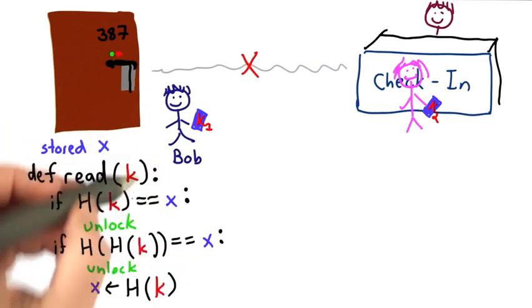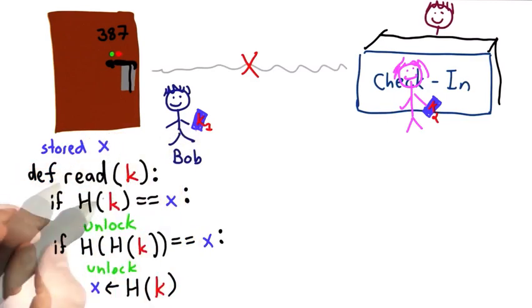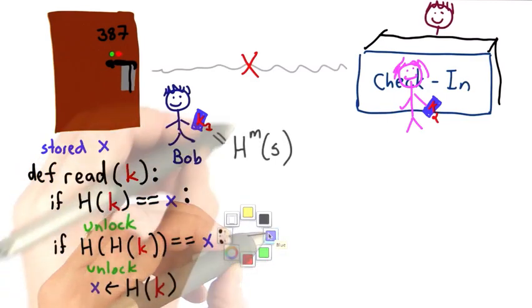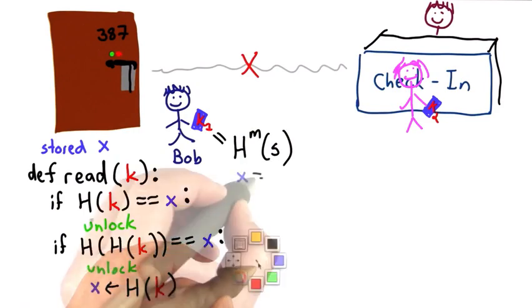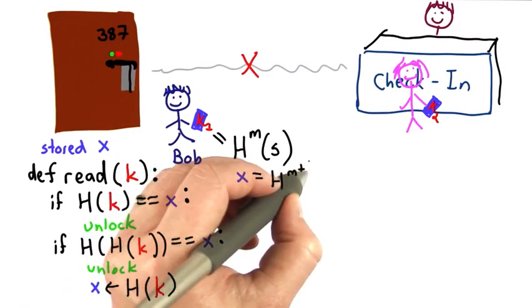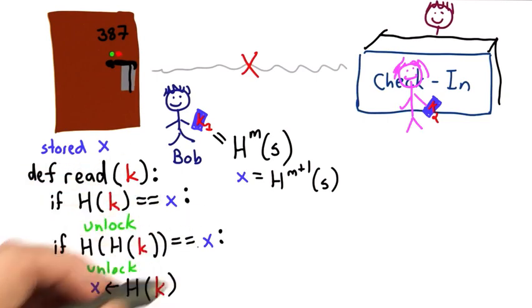What this means is that if Bob's using the room first, his key is k1, and his key will have the value of some number m of hashes on some secret s, and the value of x would be m plus 1 of those hashes. Bob keeps opening the door, going through this path through the code. There wouldn't really be a Python interpreter in the door. This could be done by something much simpler.